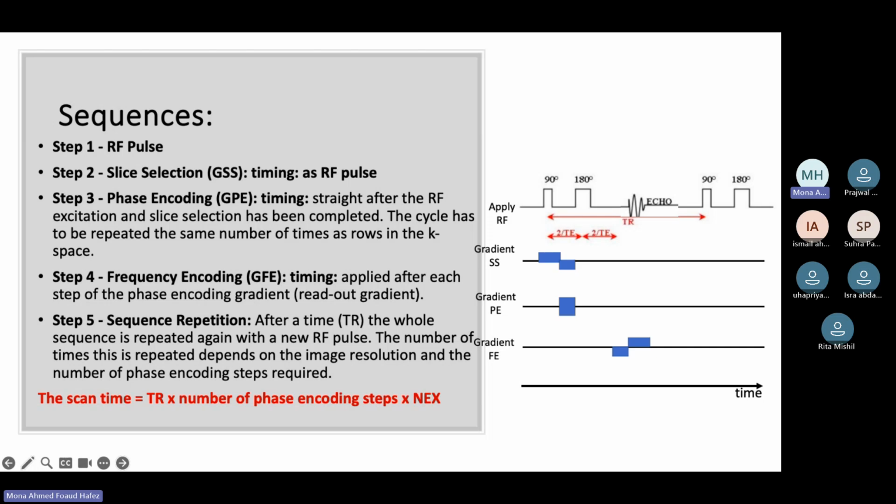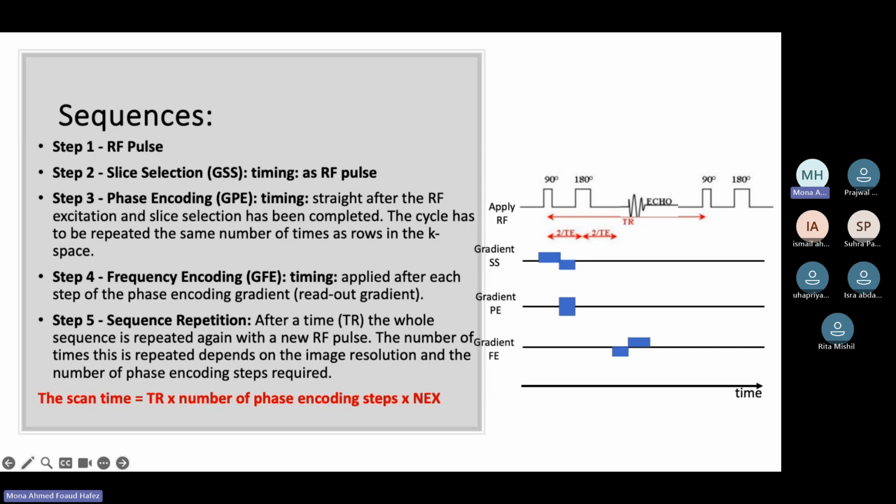Straight after the radio frequency pulse and after the slice selection has been completed, we apply the phase encoding gradient.